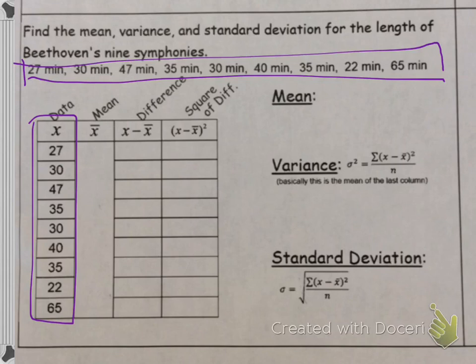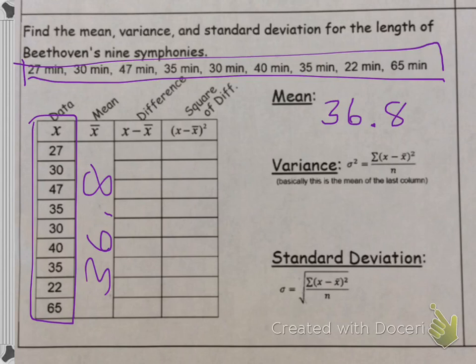So real quick on your calculator, 27 plus 30 plus 47 plus 35 plus 30 plus 40 plus 35 plus 22 plus 65. Get that number, divide that entire number by 9. And my calculator says 36.8. Hopefully you guys got the same thing as me, 36.8. So the number that comes over here into this chart is 36.8.